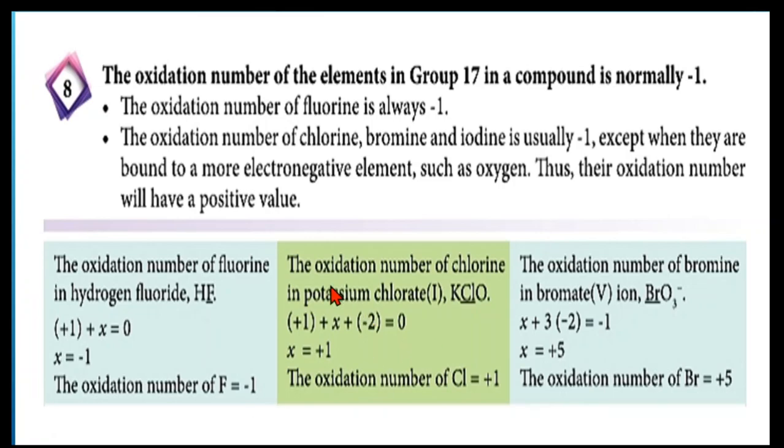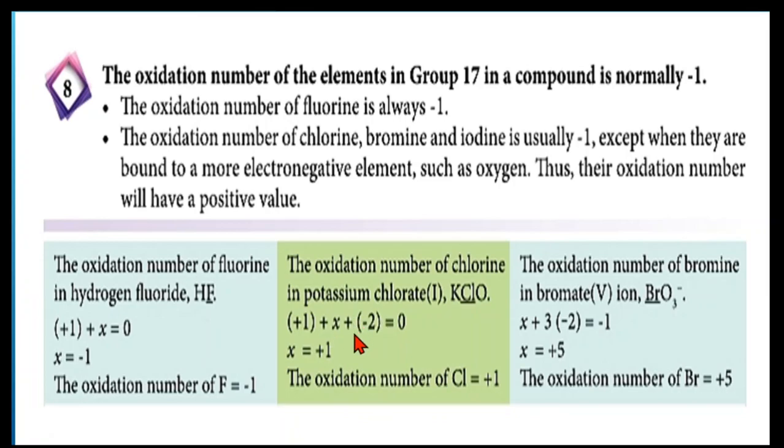Second example, the oxidation number of chlorine in potassium chlorate 1, KClO. Potassium, we know potassium is positive 1. The chlorine, we want to find the oxidation number, so we put as X. The oxide, we know it is negative 2. So total charge, or total oxidation number is 0. So 1 plus negative 2 become negative 1.